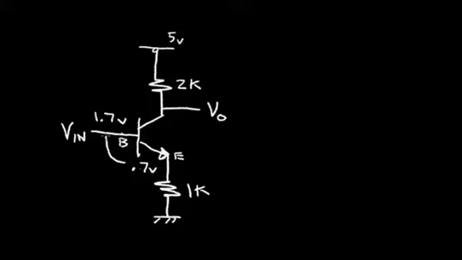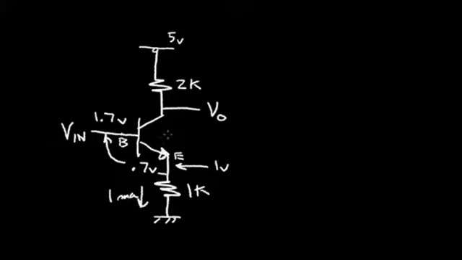So I have 0.7 volts from this emitter to the base. And since I have 1.7 volts at the base, that tells me that my emitter voltage is 1 volt. And 1 volt and 1 K produces 1 milliamp of emitter current. So I have 1 milliamp flowing in the emitter.